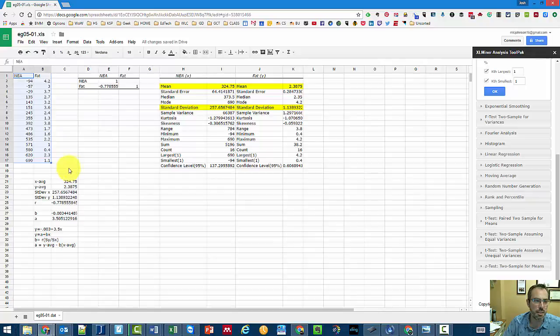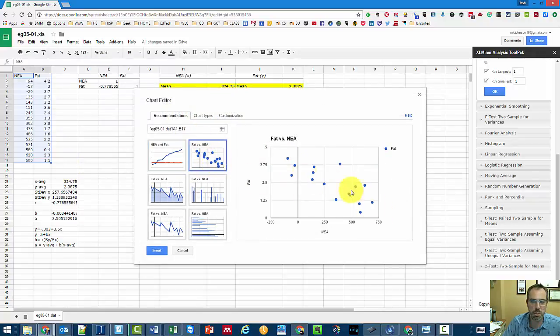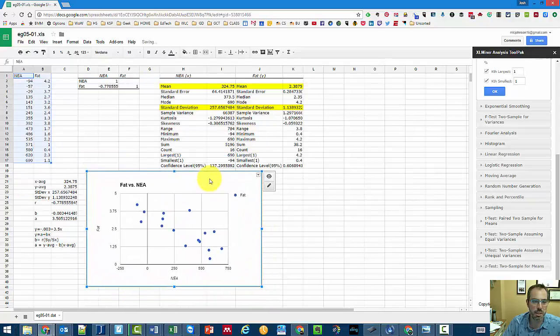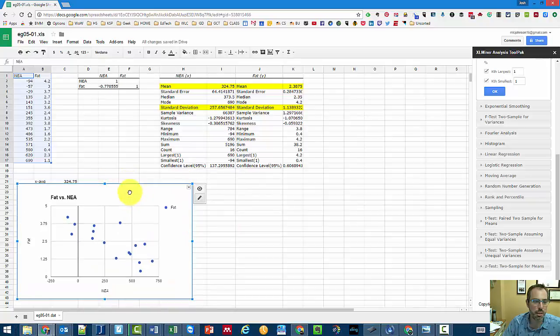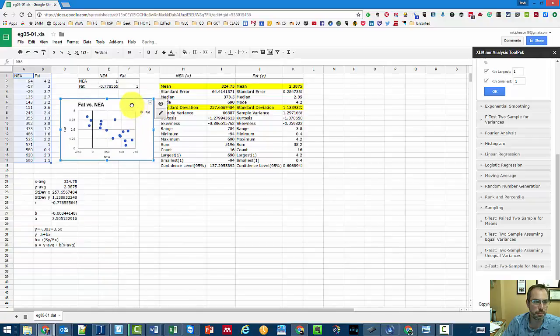And I don't even have to go past inserting a chart to see, oh, this data looks pretty linear to me. So I know I want to use kind of a linear chart. So I'm just going to throw this one in here for right now, because we'll come back to it. Here is the chart that I would maybe use originally, and say, oh, yep, that looks like a straight line. So let's shrink that up and put that up here.